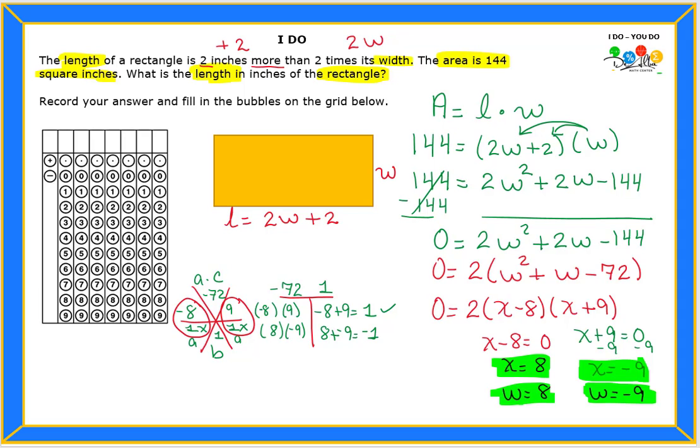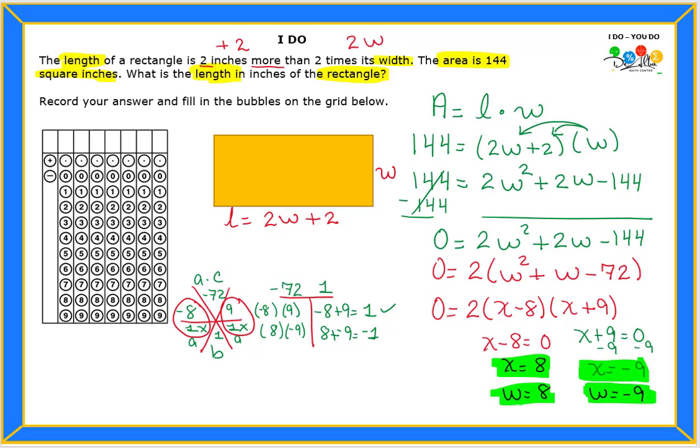Now, I cannot have W equals negative 9 because we're talking about the length of a rectangle, right? And if I use the negative 9, it is very likely that I will end up with a negative number. And no, I cannot end up with negative numbers, right? So I'm going to try W equals 8.